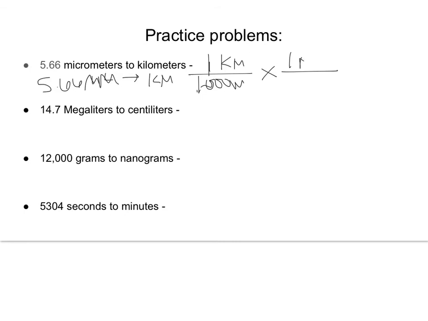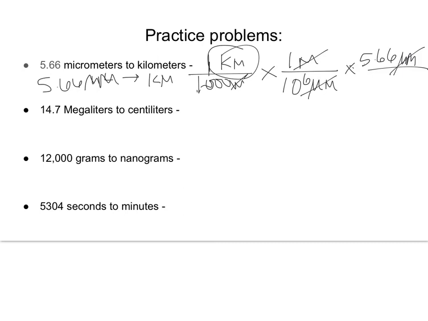So I'm going to say 1 meter for every 10 to the 6 micrometers. And then I have 5.66 micrometers. What I've done by doing this is I can get rid of meters, I can get rid of micrometers, and then all I have left at the end is kilometers. So I'm going to throw this into my calculator, 5.66 divided by 10 to the 6.